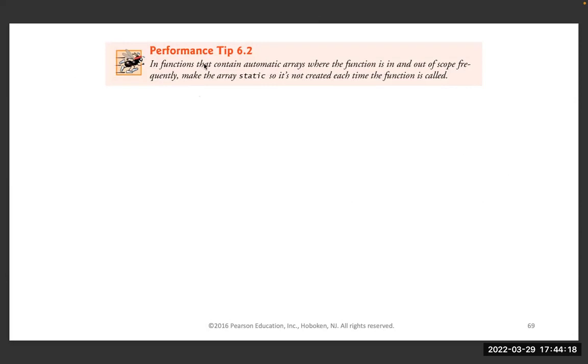In functions that contain automatic arrays, where the function goes in and out of scope frequently, make the array static. This means you don't need to create the array every time we call this function. So this is saving time.